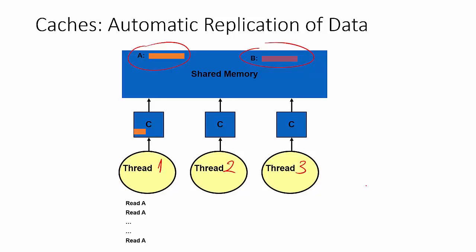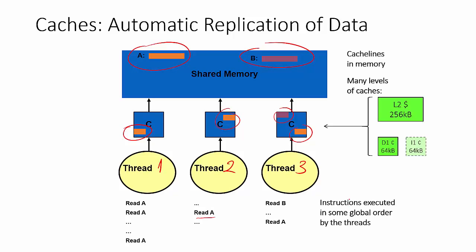Let's assume that thread 1 starts by reading variable A several times. So it will have a copy of variable A in its cache. The next thing that happens is that thread 2 also reads A and gets a copy of A in its cache, and then thread 3 will read B and have a copy of B in its cache, and then read A and have a copy in its cache.